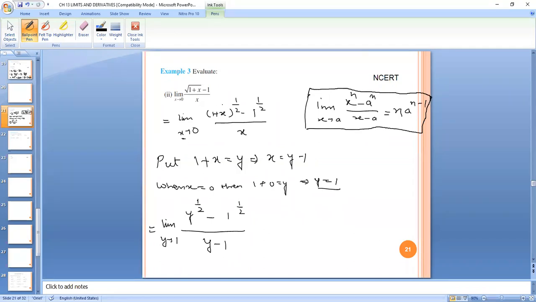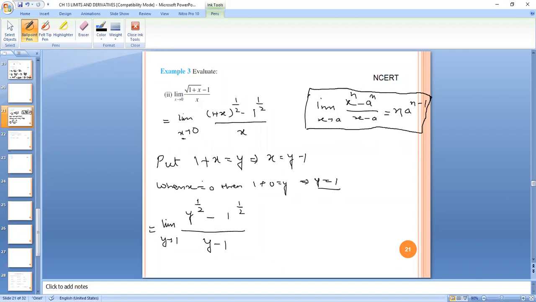So the very first step, we put 1 plus x is equal to y. If 1 plus x is equal to y, what will x be? x is equal to y minus 1. So we get x in terms of y. But what about this limit? If we change x to y, this limit will also change. Here x is approaching 0. That means we are taking x very near to 0.